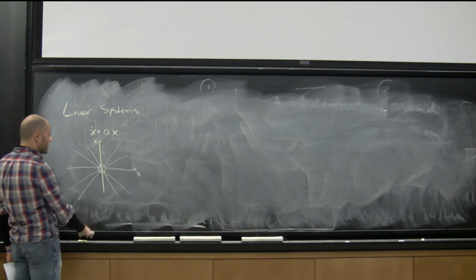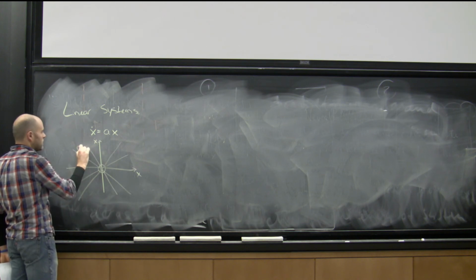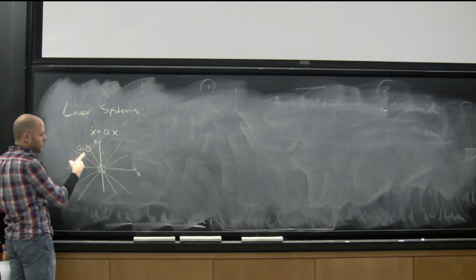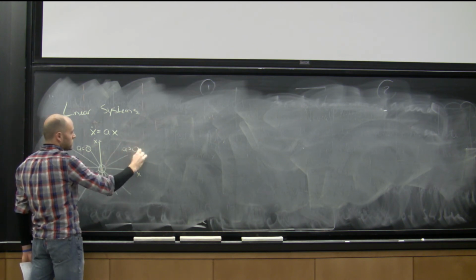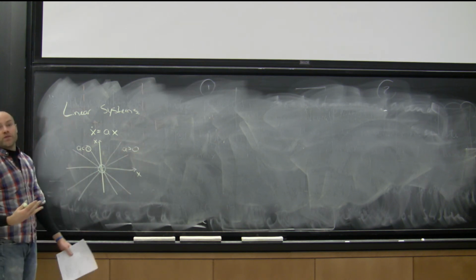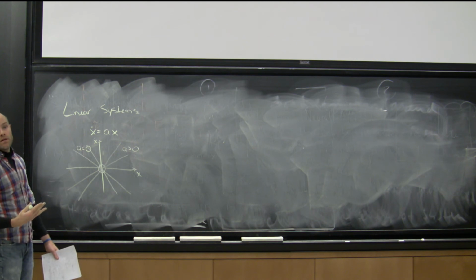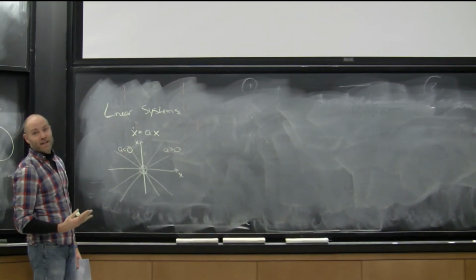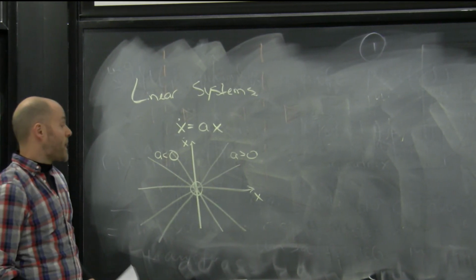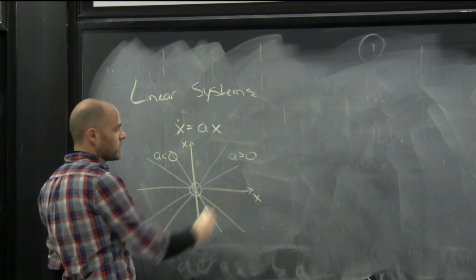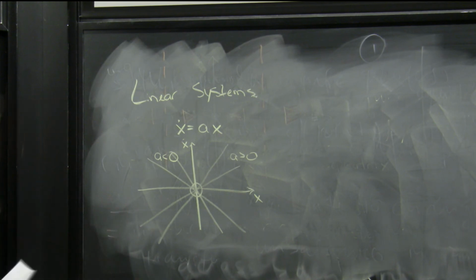With the one exception: these are the a less than 0 cases, where I've got negative slope. These are the a greater than 0 cases. What happens when a equals 0? Kind of a boring system, x dot equals 0, so you've got an infinite number of fixed points. That would be the marginally stable case.